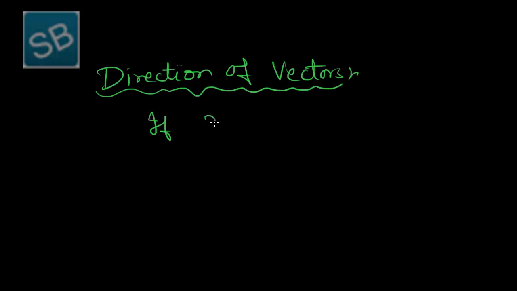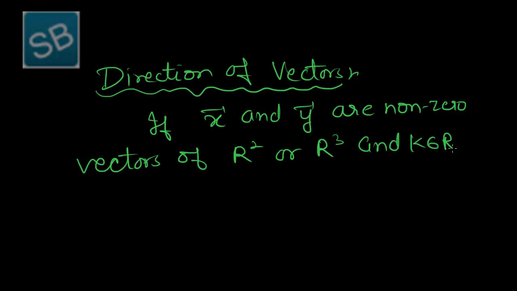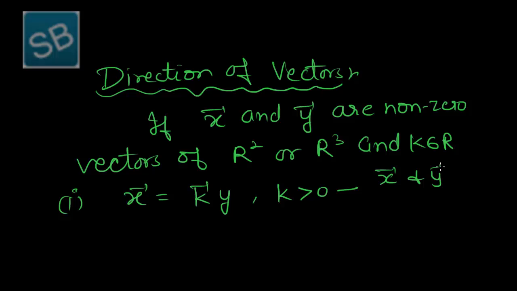If vector x and vector y are non-zero vectors of R square or R cube and k belongs to R, then if vector x is equal to ky and k is greater than 0, then x and y have same direction.